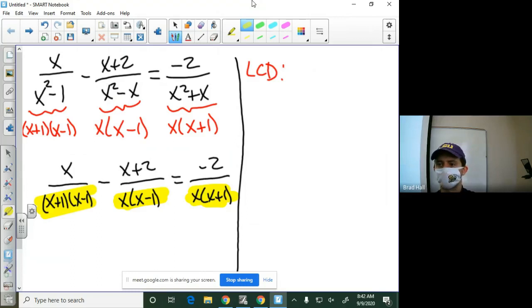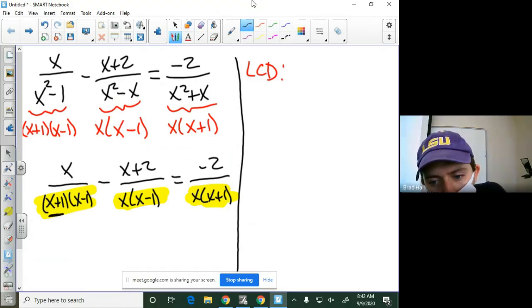Those are our denominators. And our least common denominator needs to have a component for each component in all the denominators. So I see an x plus 1 and an x plus 1.